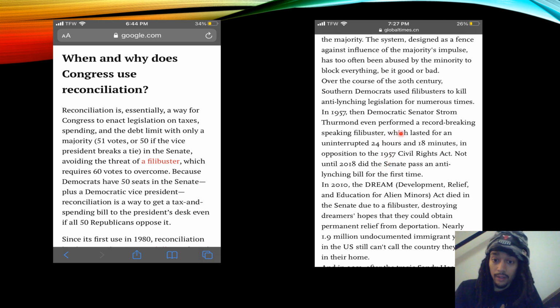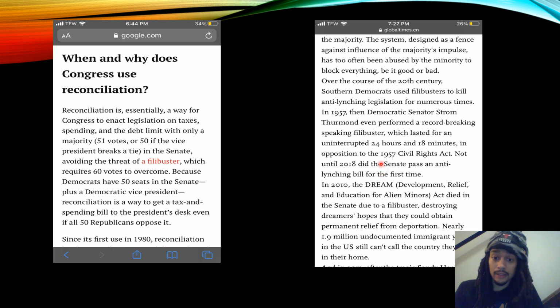Southern Democrats used filibuster to kill anti-lynching legislation numerous times, so they killed it. It didn't get through until 2018. Lynching was a long time ago, more than 50 years before 2018, more than likely.